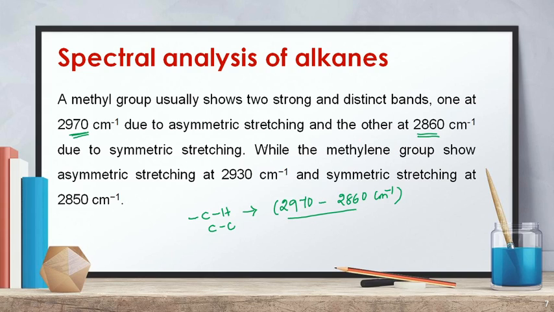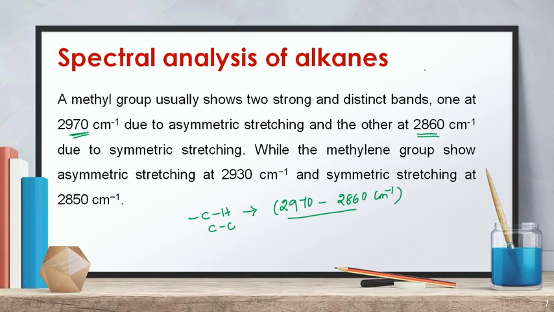See here the variation in the number. Asymmetrical stretching is at the higher value and symmetrical stretching is lower. Why? Because in symmetrical stretching the same type of force acts.